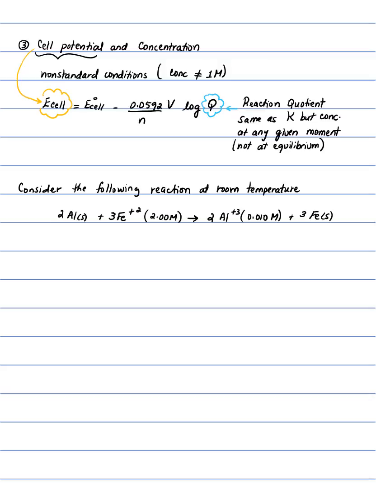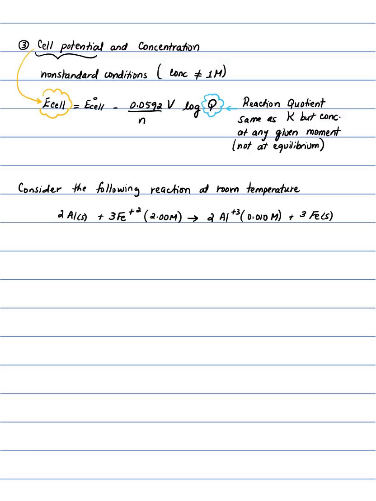Now the last one, and this example that I'm using here is something that you already saw before. All of the calculations that we have been doing are under standard conditions, which means that we're not using any concentrations because all the concentrations are equal to 1 molar. Now in this example here, we're using non-standard conditions.